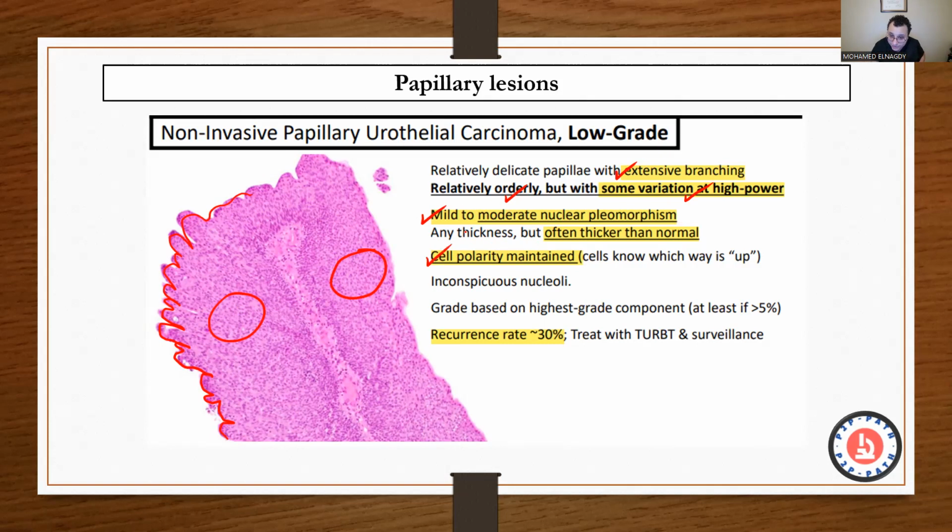However, the cell polarity is maintained, and no prominent nucleoli, no mitosis. Here, it's non-invasive papillary urothelial carcinoma low grade, or low-grade papillary urothelial carcinoma. Here, the recurrence rate is a little bit higher. It's 30%. However, it's treated the same way as the PUNLMP, by TURBT and surveillance.